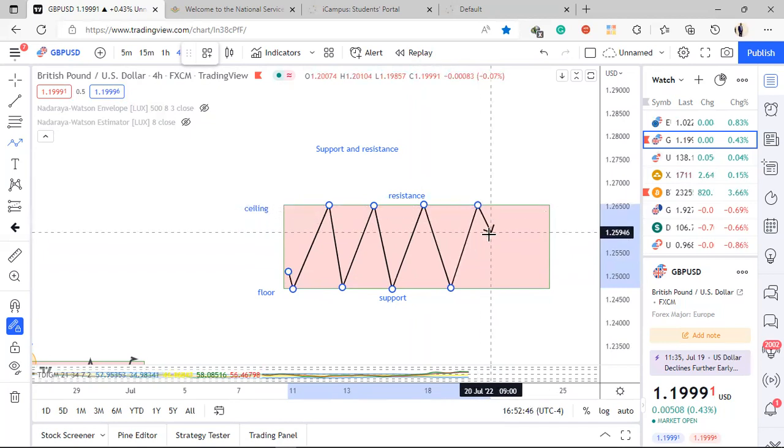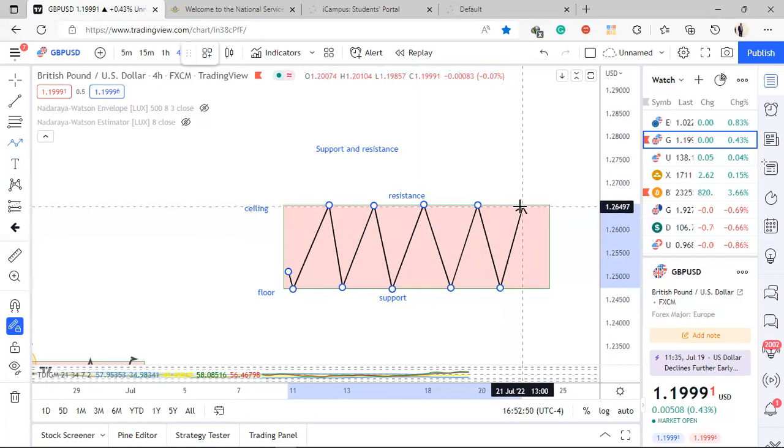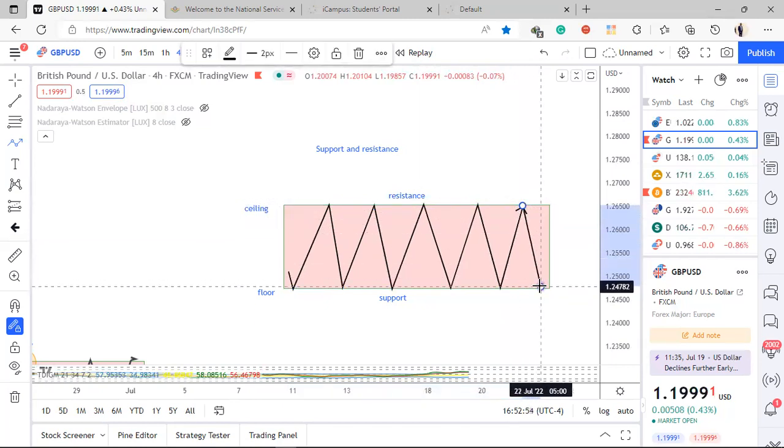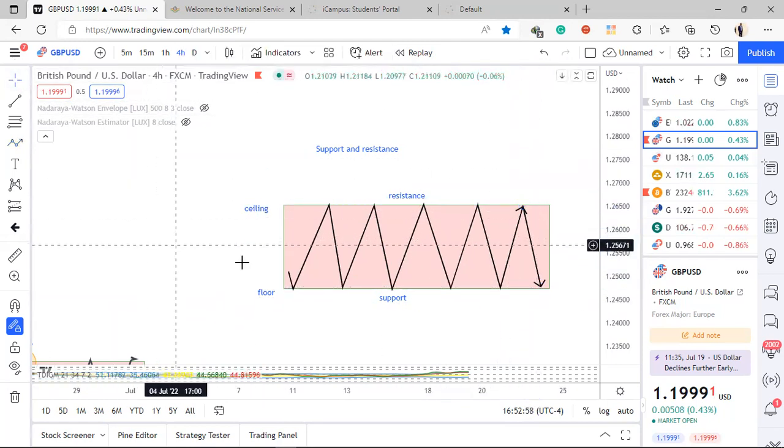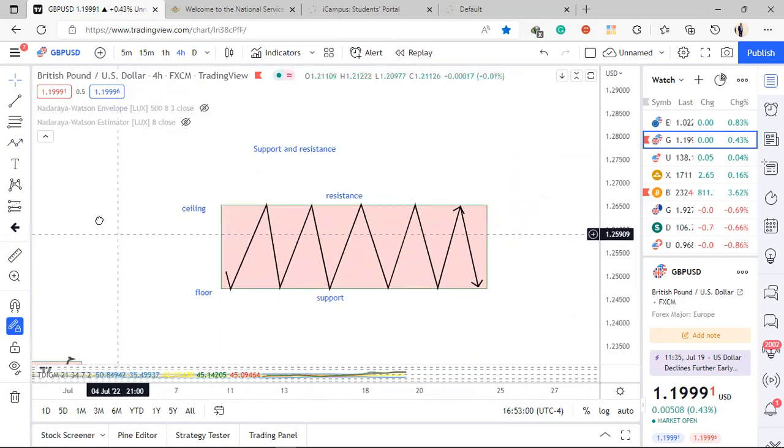This is how we always want to see price behave, all things being equal.